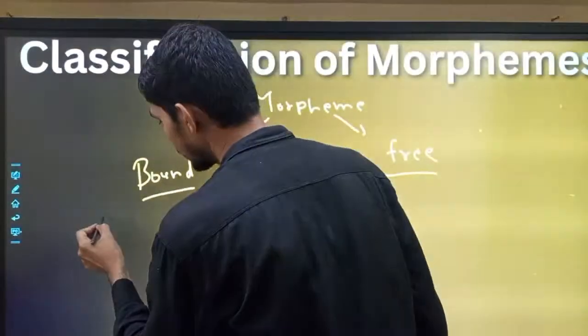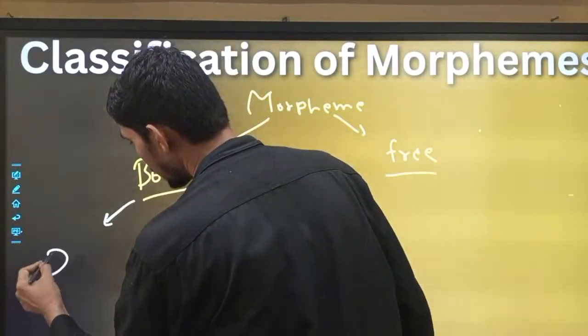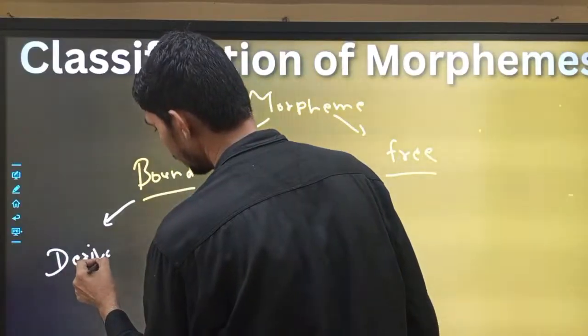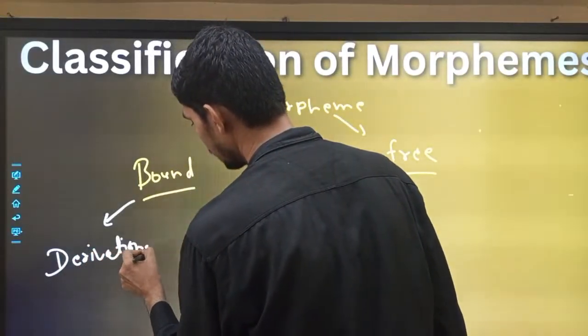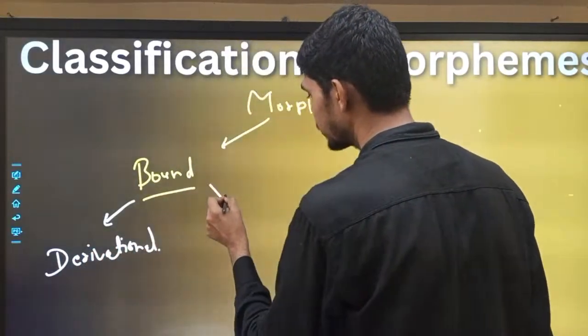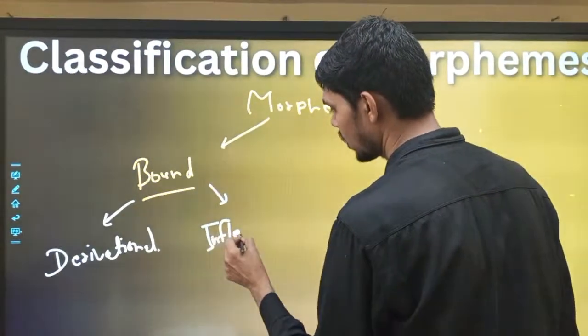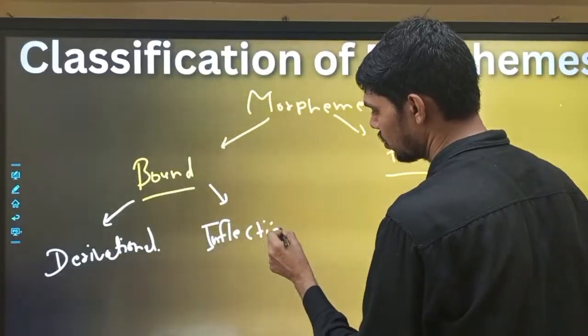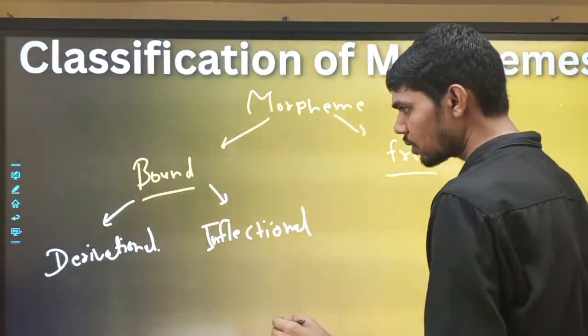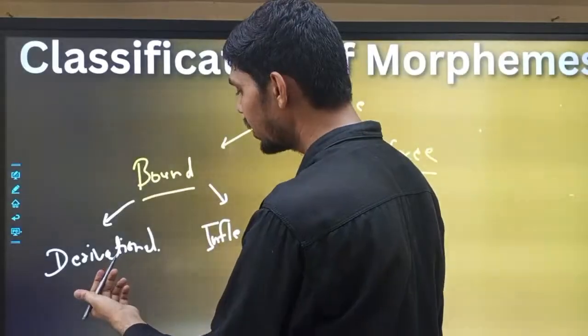First is the derivational bound morpheme, and the second is the inflectional bound morpheme. So what does derivational mean?